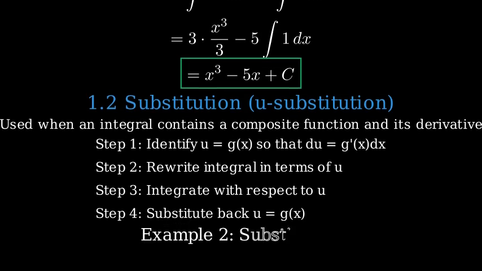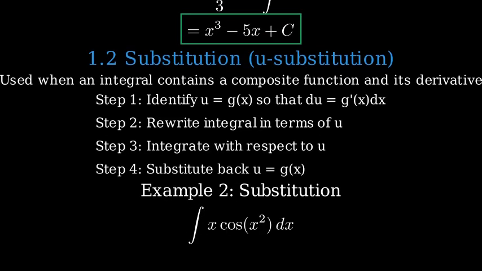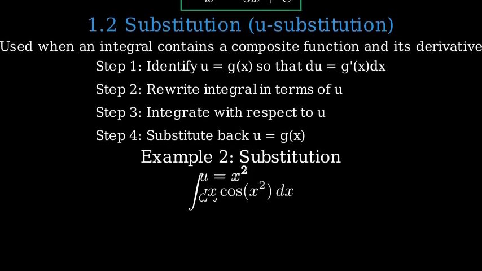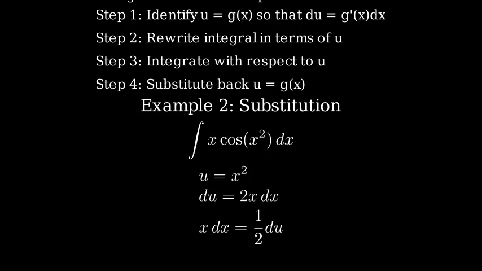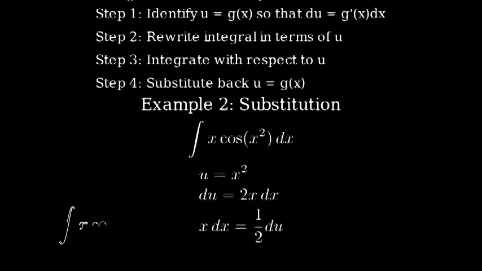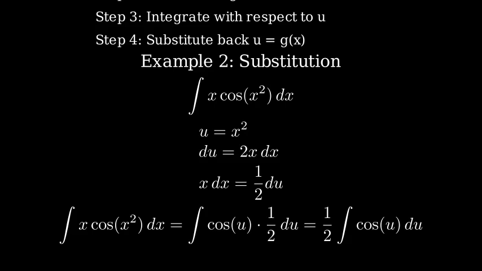Let's see an example of substitution. Example 2. Compute the integral of x times cosine of x squared dx. Step 1. We identify that u equals x squared would be a good substitution. Then du equals 2x dx, which means x dx equals 1/2 du. Step 2. We substitute these into our integral.